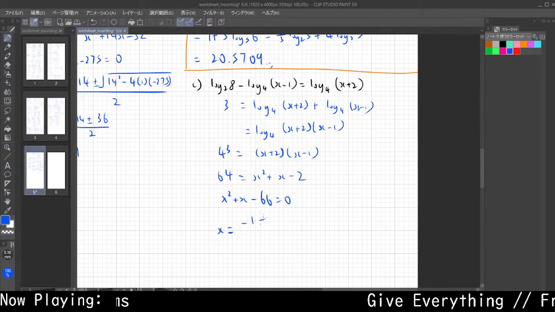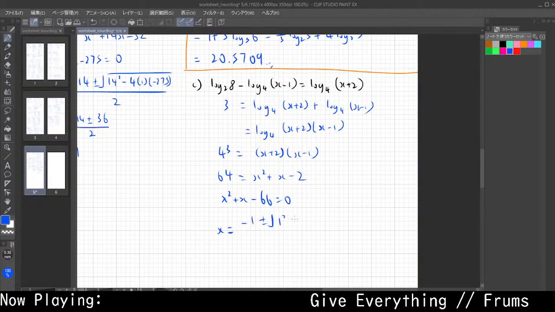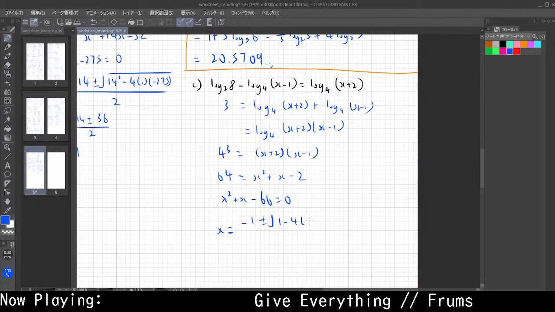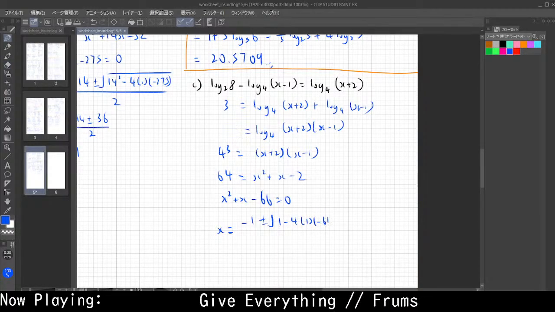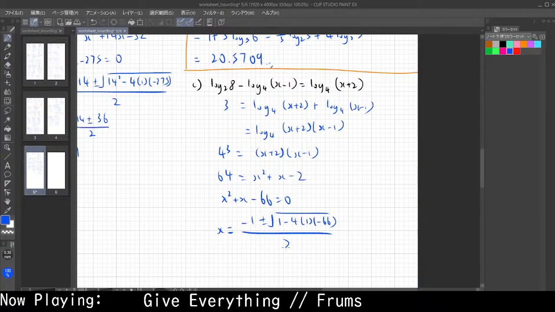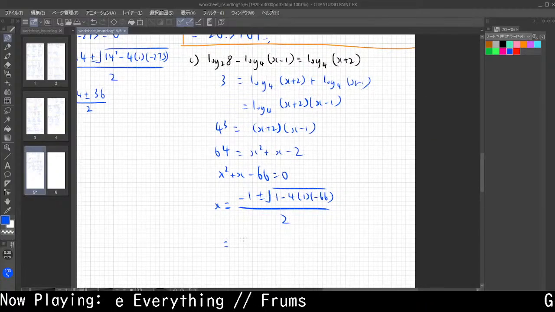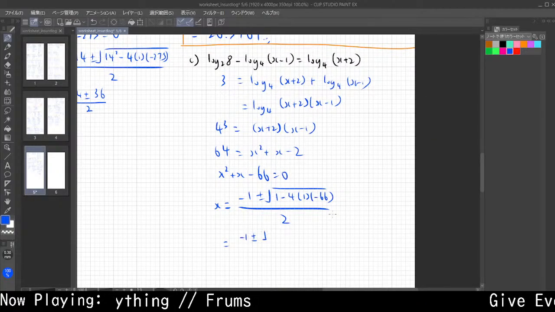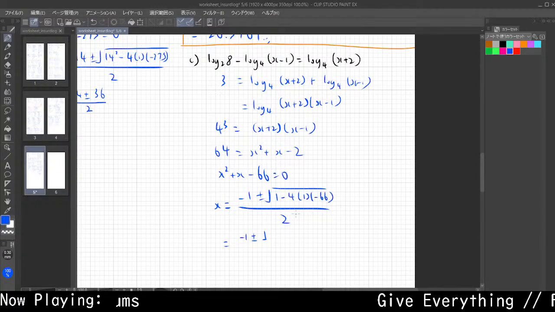X equals minus 1 plus minus the square root of 1 minus 4 times 1 times minus 66, over 2.